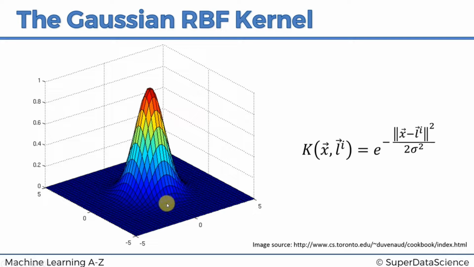If we take any other point, we calculate the distance to the landmark, square it, and divide by 2 sigma squared, where sigma is some fixed parameter that we decided upon earlier. Then we take the negative of that and put the exponent to that power. Then we get this result, and that's what it will look like.